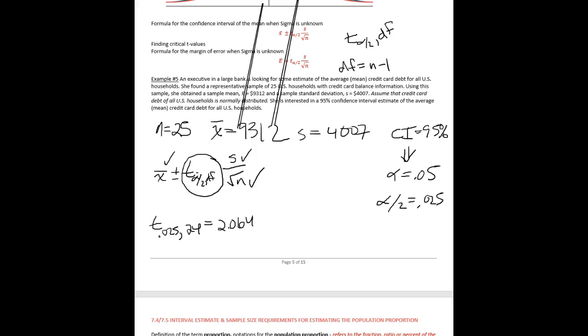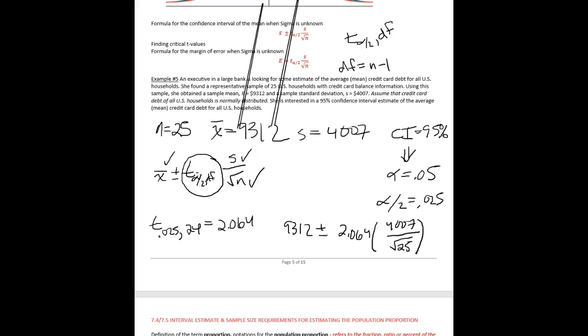Okay, so we now can make our statement. I wish I would have left myself a little bit more room to write here, but we'll make it work. 9312 plus or minus 2.064 times 4007 divided by the square root of 25.